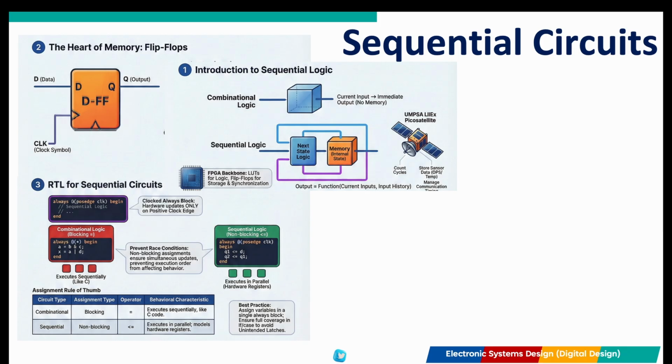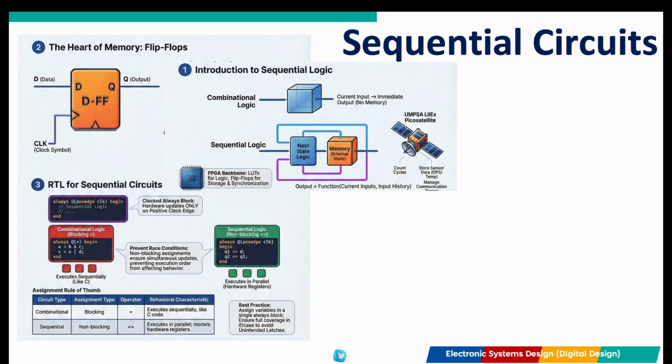RTL, or Register Transfer Level, is the architectural style we use to design this system. In RTL, we view a circuit as data flowing from one set of registers through combinational logic and into another set of registers. When coding RTL in Verilog, we use the always posedge block.